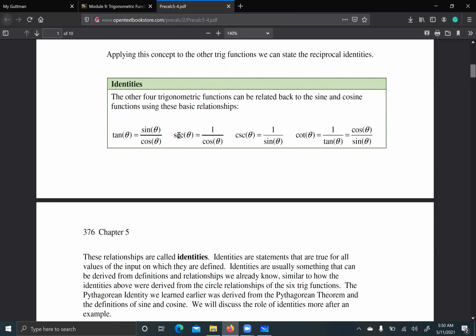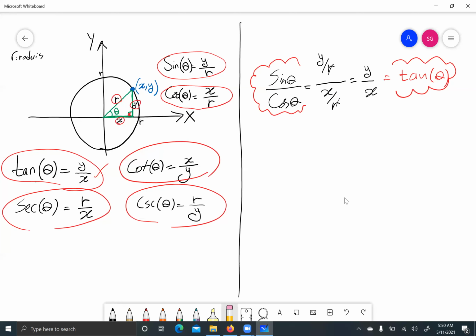Now, let me show you the next identity. The next identity says that there is a relationship between secant and cosine. So the identity says that secant of theta is 1 over cosine of theta. Let's see if this is true.